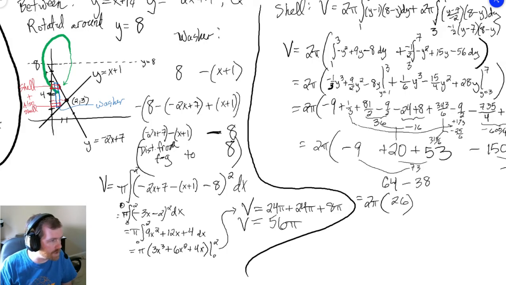It's also 56 pi. Let's do 8 minus parentheses x plus 1 minus parentheses negative 2x plus 7. So we're going kind of the opposite direction. That's 248 pi, so that's much, much worse. Yeah, never mind. Alright.